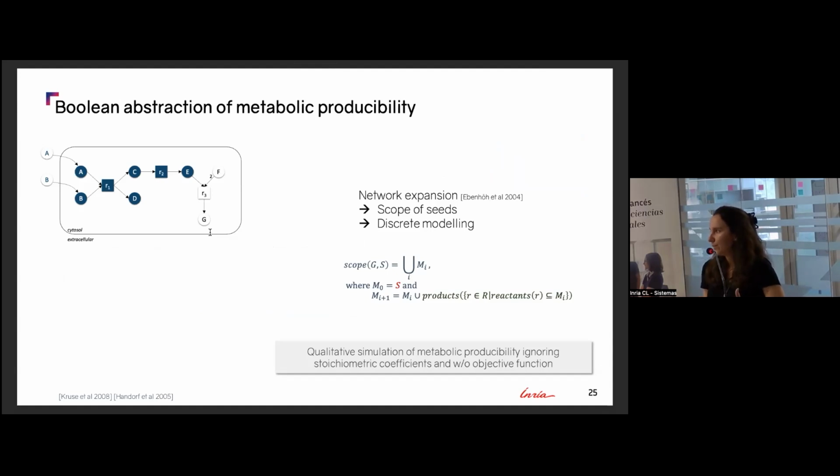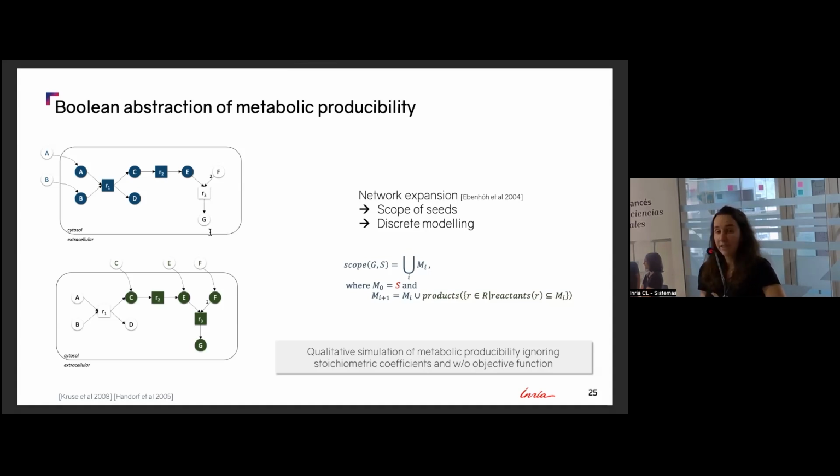And from this, we detect what is reachable in the metabolic network. So we identify the subnetwork associated to these seeds. If we change the seeds, we change the subnetwork that is reached, that is activated. So it's very simple. It's just a matter of reachability in graphs.